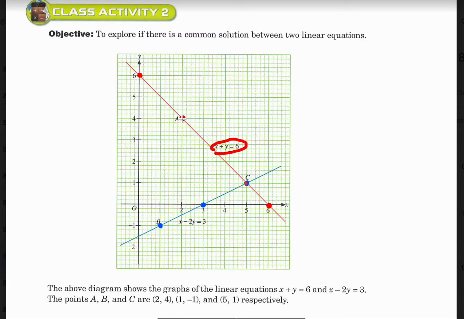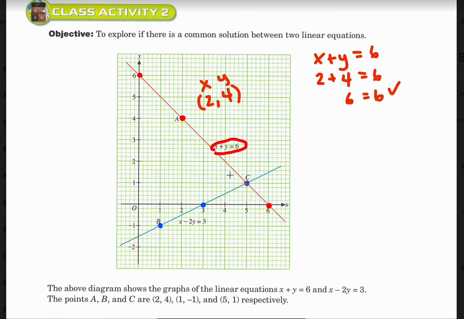Let's look at this point for x plus y equals 6. It is 2, 4. Let's plug that into x plus y equals 6. If x was equal to 2 and y was equal to 4, it would become 2 plus 4 equals 6. Does that work? Yes, it gets you 6 equals 6.